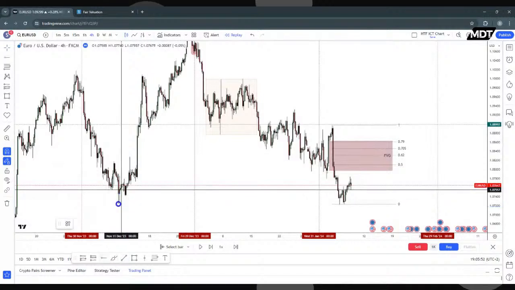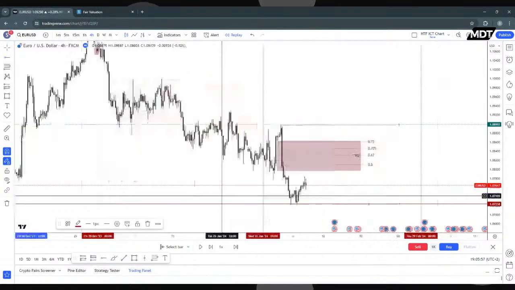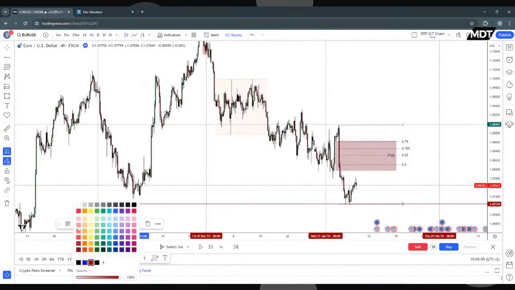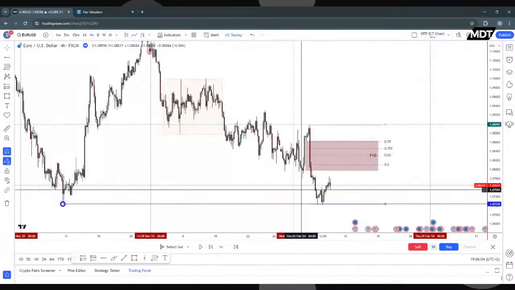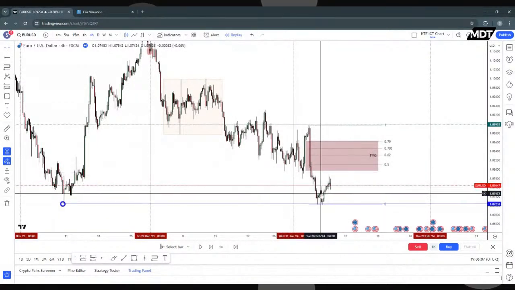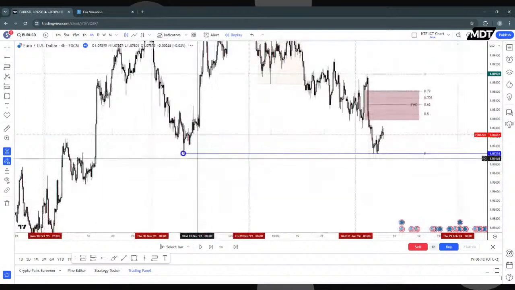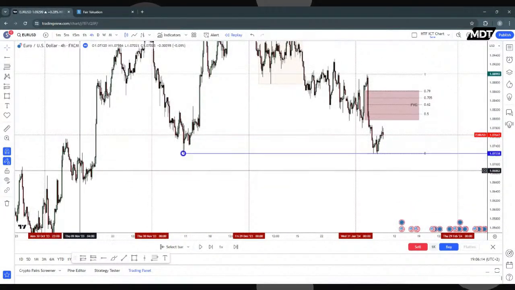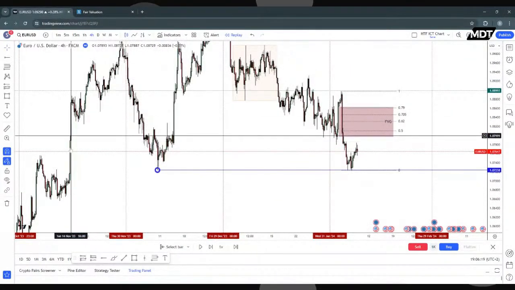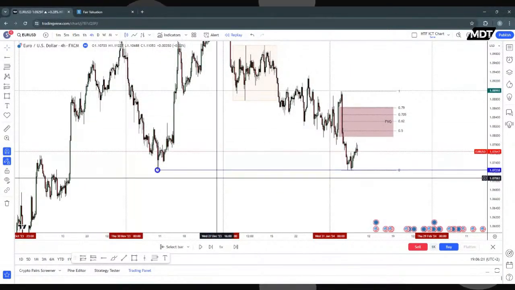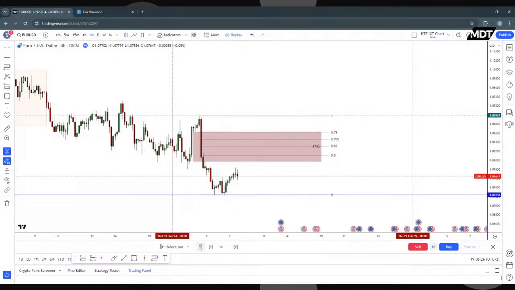We are at this key level, so something to be mindful of. But the fact that we've reached there, I do think we're most probably going to sweep that liquidity and come down into these areas resting just below this large bullish fair value gap. Let's see.